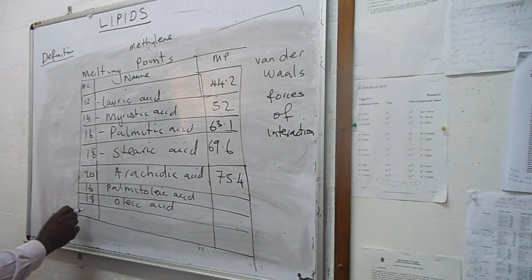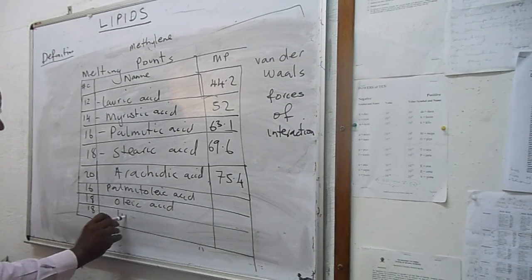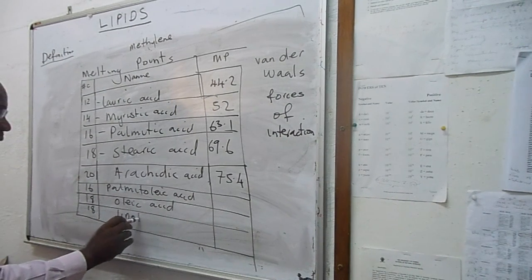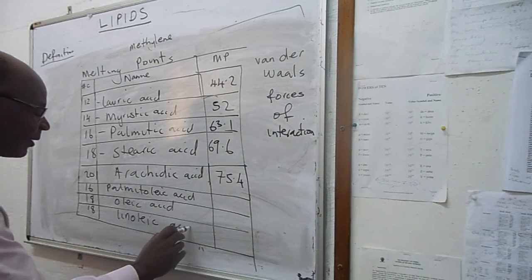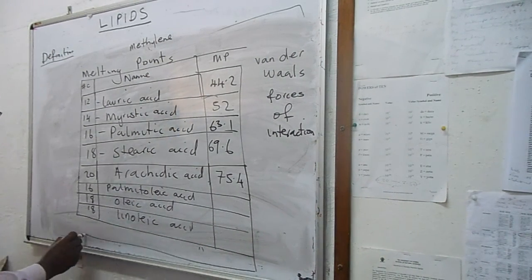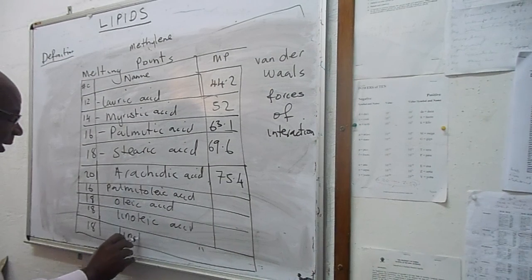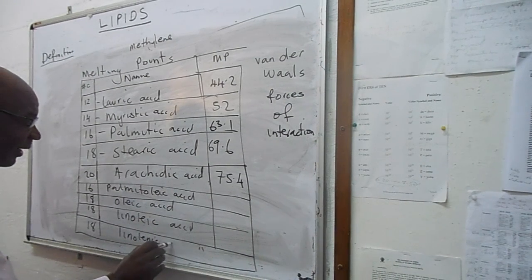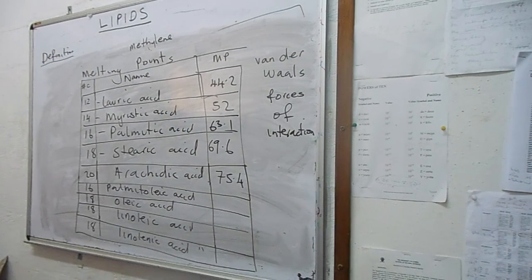If you have 18 carbons and 2 double bonds, we call it linoleic acid. If you have 18 carbons and 3 double bonds, we call it linolenic acid.